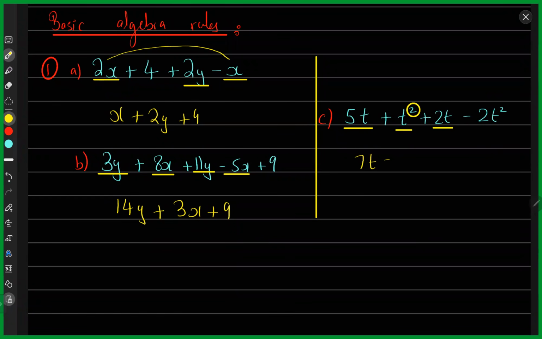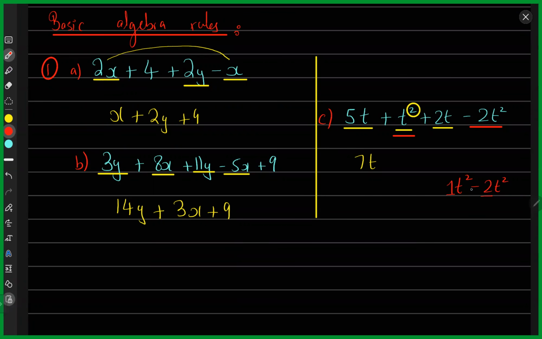Now we have t squared. T squared is another term, and minus 2t squared is also t squared. So we can combine these two terms. It's t squared minus 2t squared. So the coefficient is 1 here, it's 2 here.